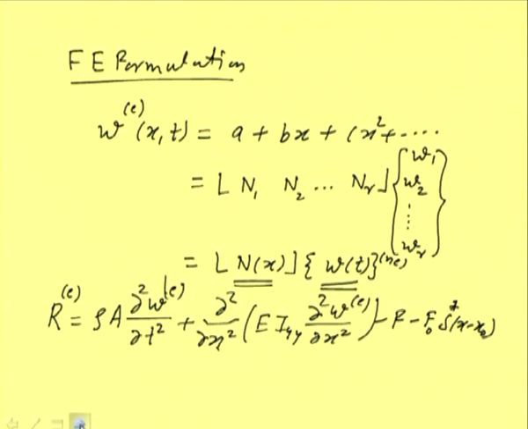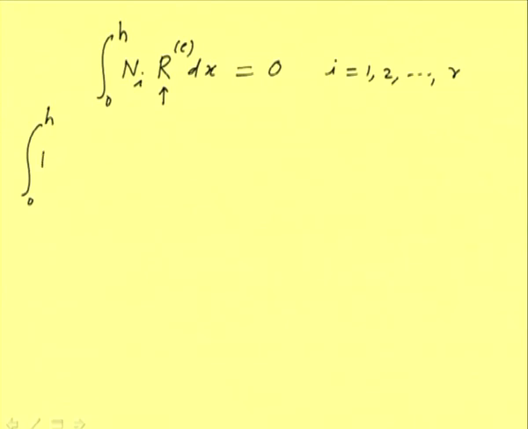Now we will be minimizing this particular residual over the element by multiplying by a shape function, and we will equate this to 0, where i is from 1 to r. Now we are substituting the residual here. So these are the residual terms.